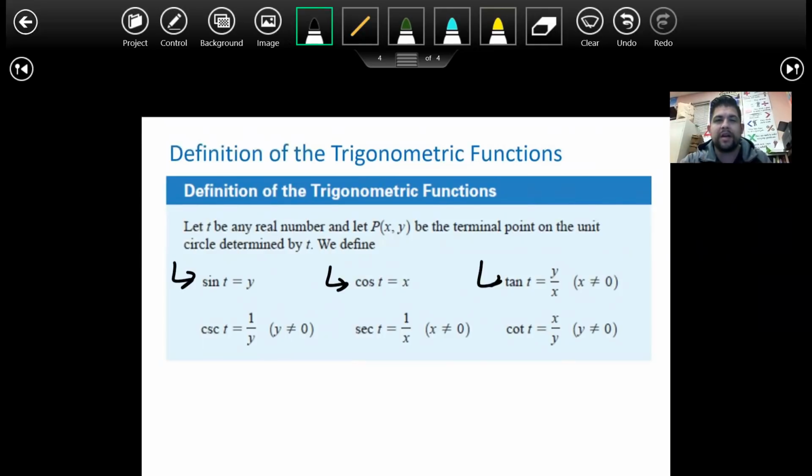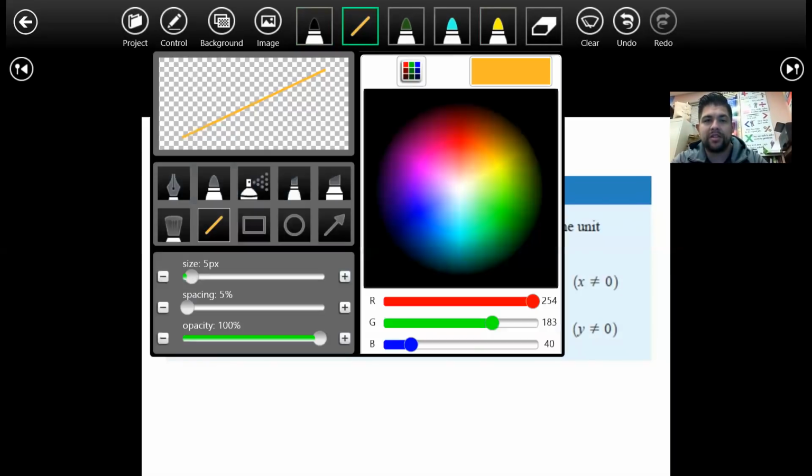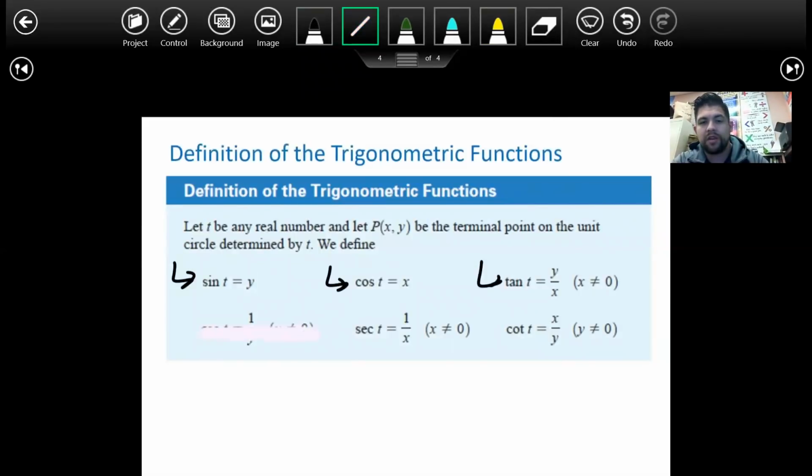So in the examples here, I know it tells us to look at all 6 different functions, but we're going to just look at 3 of them because that's what we're going to focus on. So I'm going to eliminate these here. We're not going to really need to look at these for the time being. It's important that we just look at the functions themselves, sine, cosine, and tangent, for our terminal points.